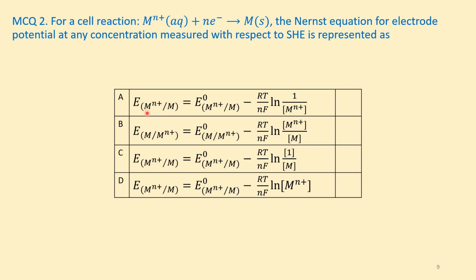electrode potential of Mn+ to M equals E naught Mn+ to M minus RT over nF into log to base e of 1 over Mn+.